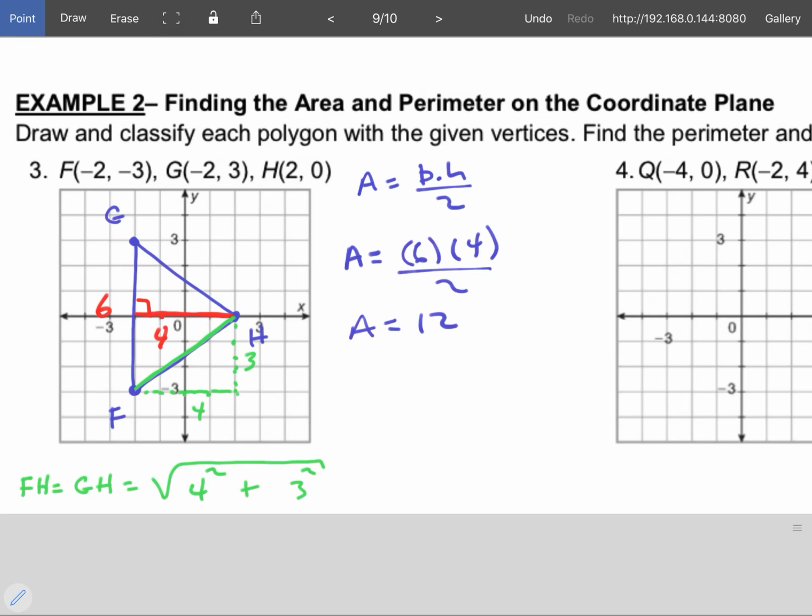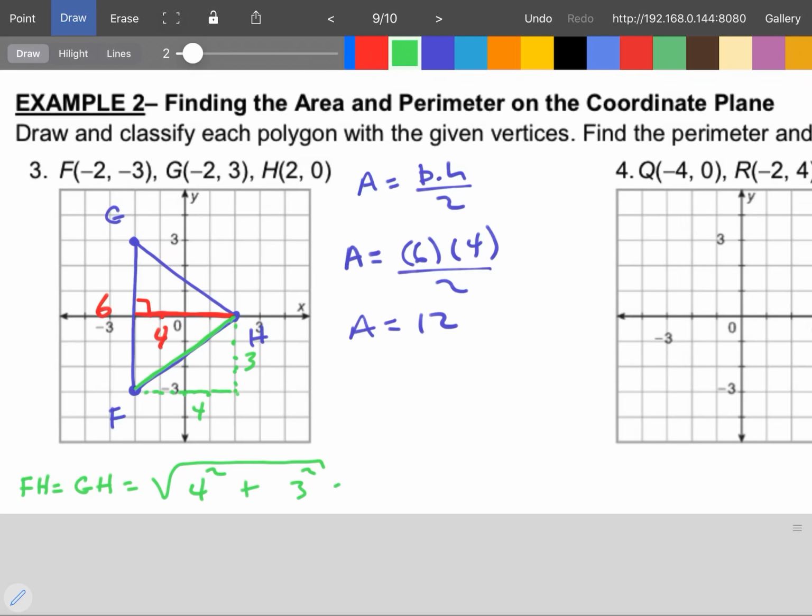If you take the square root of 25, you're going to get 5. So this should be the square root of 25, which is 5. All right. So then we know that this side up here is 5. And the distance from F to H is also 5.